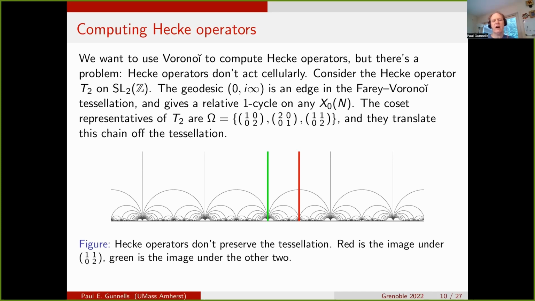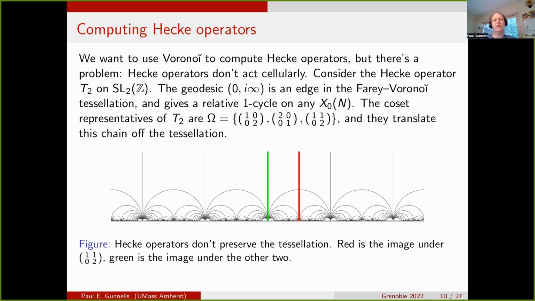I said that the operator depends on the double coset of the diagonal matrix (1, 2) for the operator T2, inside whatever my gamma naught of n is that I'm working with here.